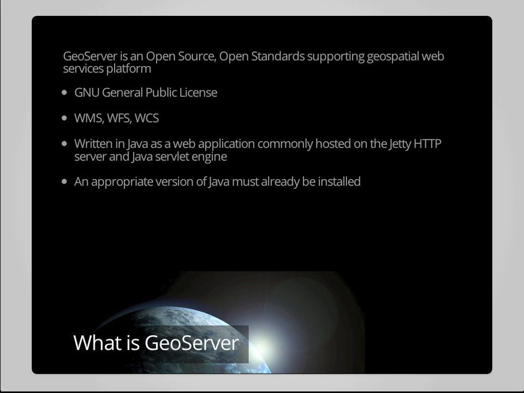GeoServer is written as a Java web application, and it is commonly hosted on the Jetty web server and also within the Java Servlet engine environment. And since it is based in Java, an appropriate version of Java must be installed as a part of the operating system and software environment on the server upon which GeoServer is going to run.